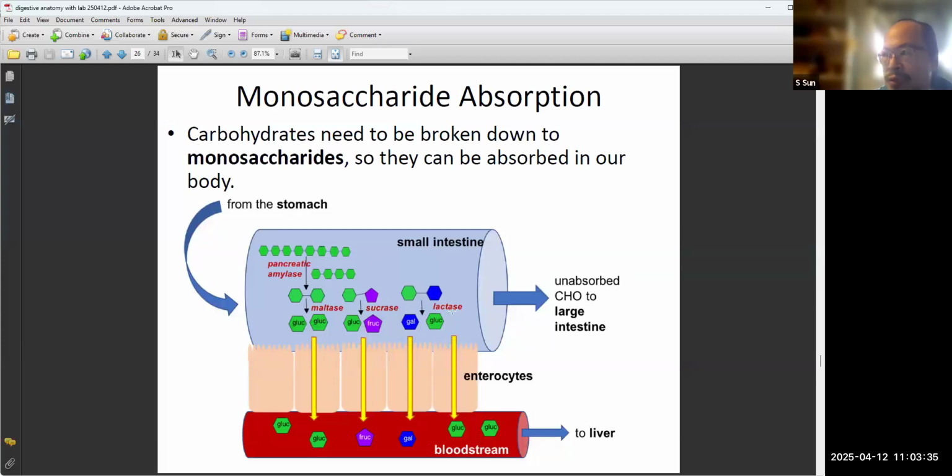So some people do not have enough lactase to break apart lactose, and the person will have lactose in the small intestine. They'll keep on moving into the large intestine, and you are not going to use those lactose.